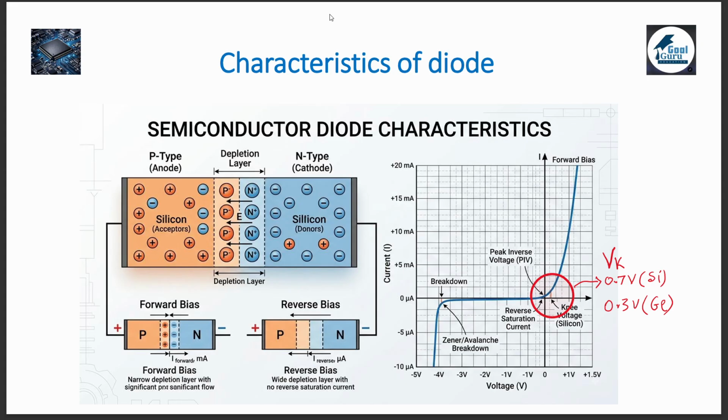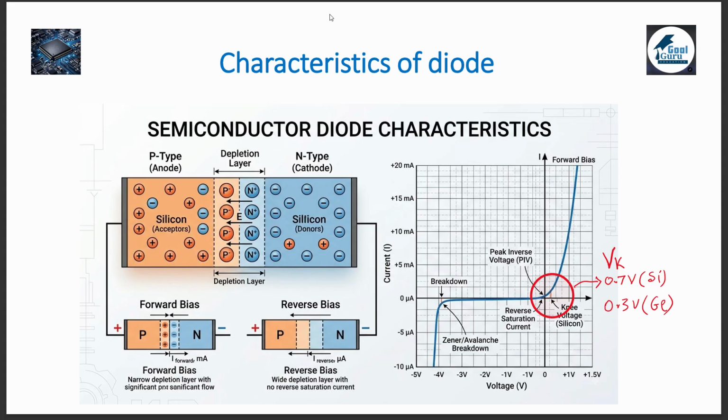That means the relation between the applied voltage and the corresponding current that flows through the diode. The graph is shown for the behavior of the semiconductor diode in the first quadrant and the second quadrant.